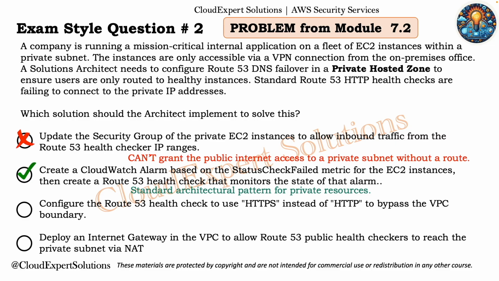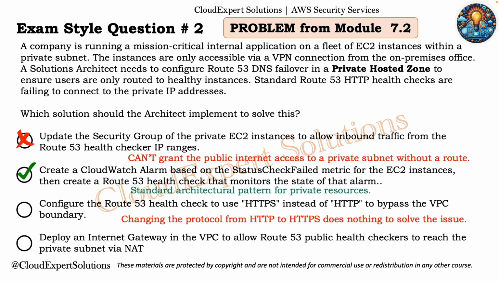Option number 3, configure the Route 53 health check to use HTTPS instead of HTTP to bypass the VPC boundary. Changing the protocol from HTTP to HTTPS does nothing to solve the issue. That is why option 3 is not the correct option. Moving to our last option, deploy an internet gateway in the VPC to allow Route 53 public health checkers to reach the private subnet via NAT.